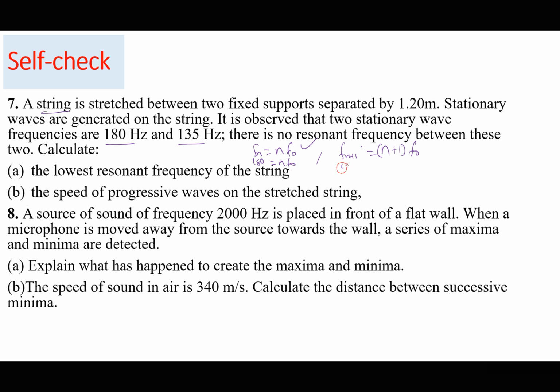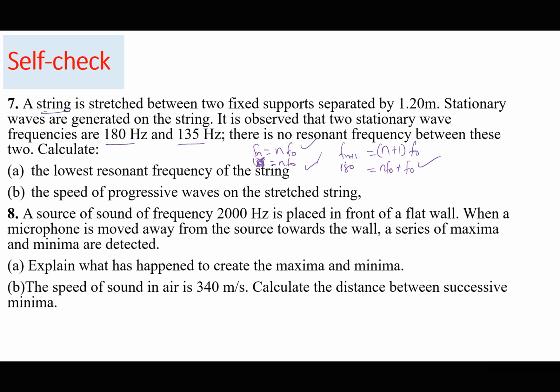I want to do it this way around because 180 is bigger. So 180 is equal to n times F naught plus F naught. So you have this equation and this equation. You can now subtract to find F naught.